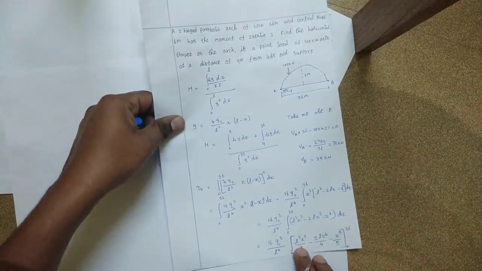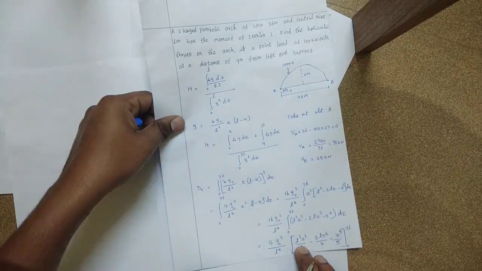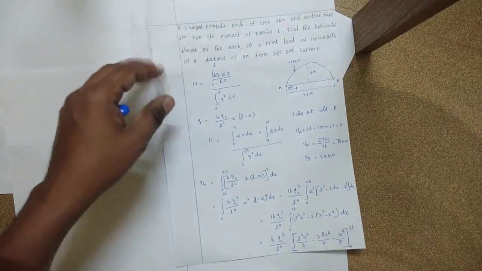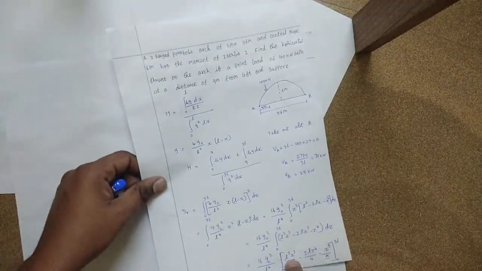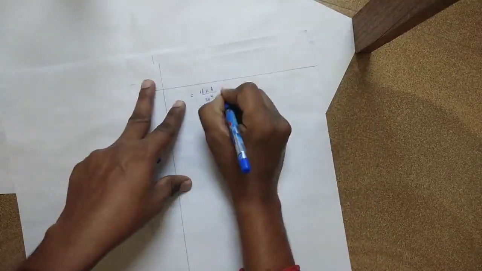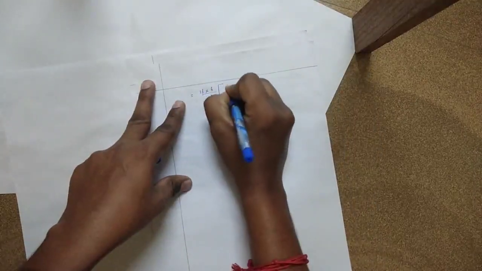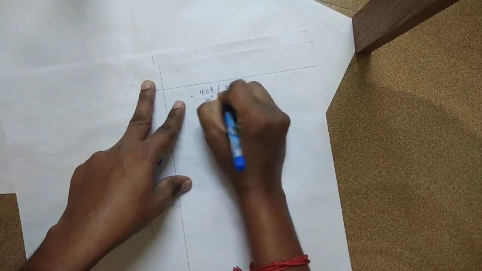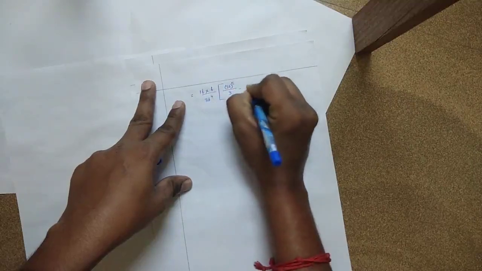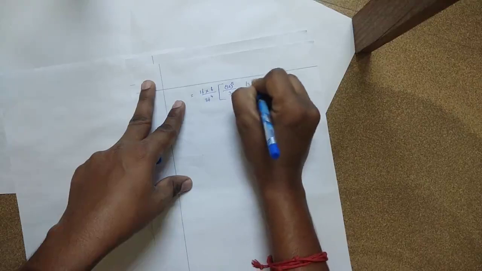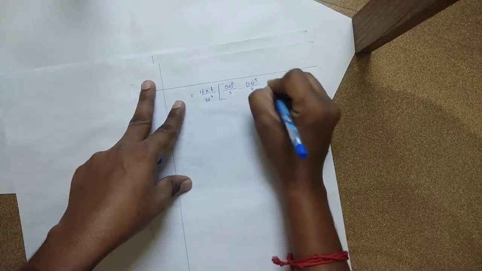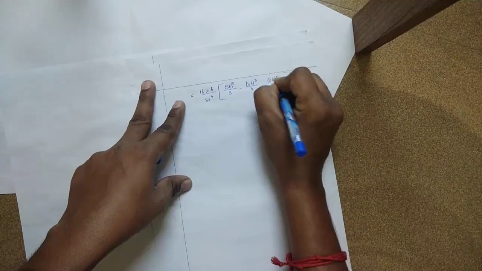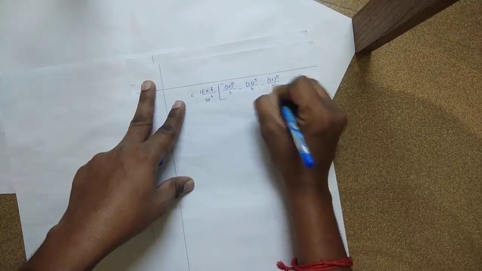Next, if you substitute the values here, we know that the L square value is 36 and the x cube value is also 36, so we can say that 36 power 5 divided by 3 minus 36 power 5 divided by 2 plus 36 power 5 divided by 5.